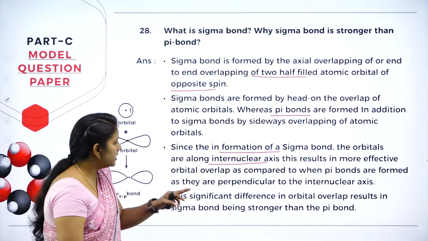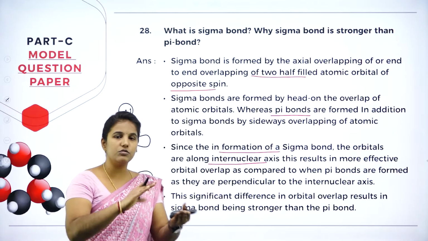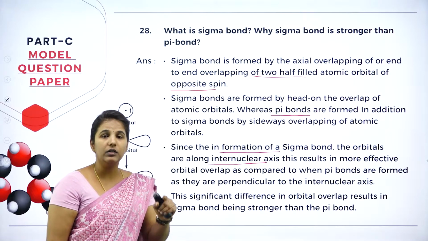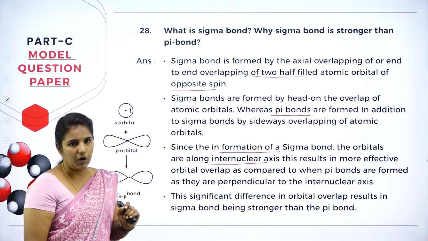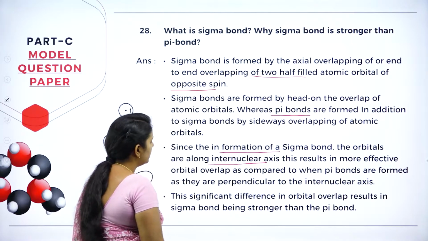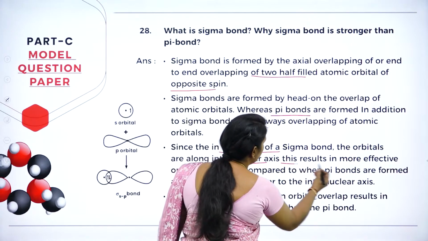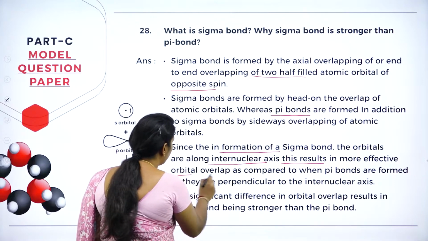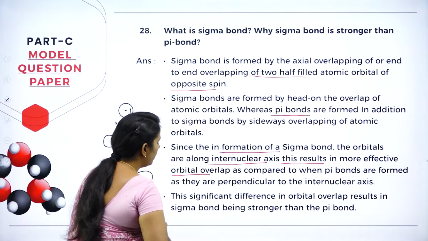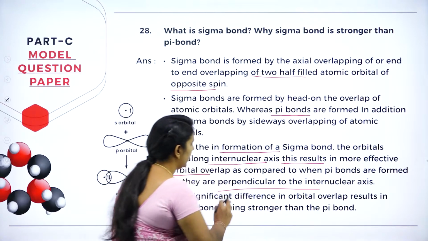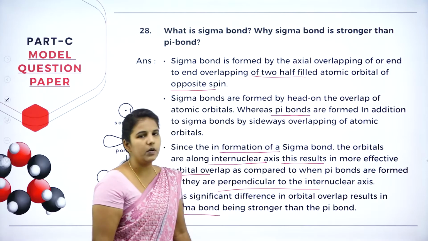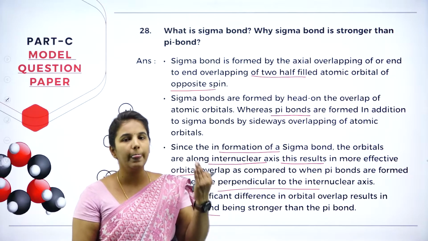Whereas in the pi bond, the internuclear axis gets disturbed due to the sideways overlapping. That is why pi bonds are always weaker when compared to sigma bonds. In the formation of a sigma bond, the orbitals lie along the internuclear axis, which results in more effective orbital overlapping compared with pi bonds, where the orbitals are perpendicular to the internuclear axis. This makes sigma bonds stronger than pi bonds.